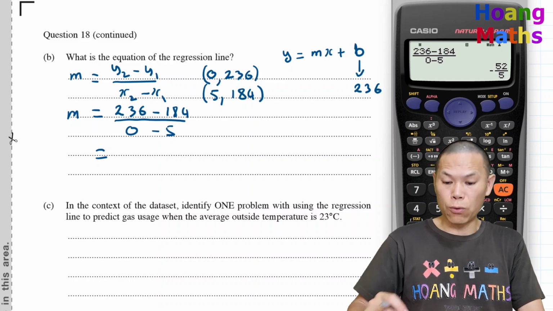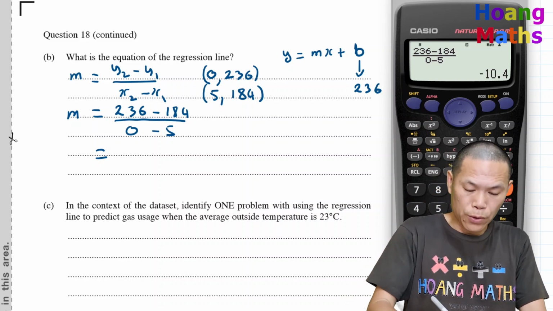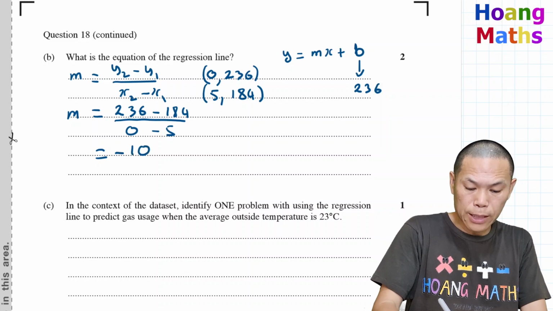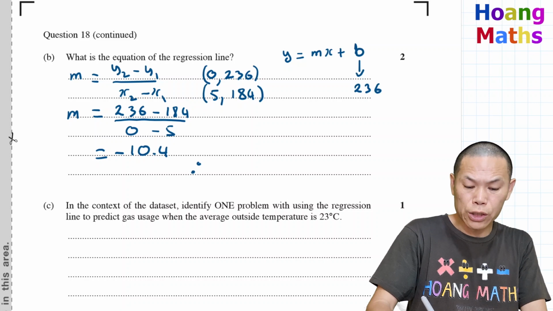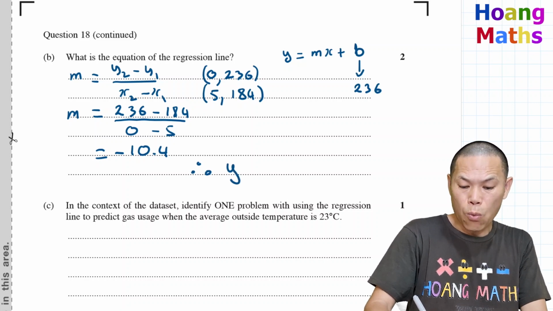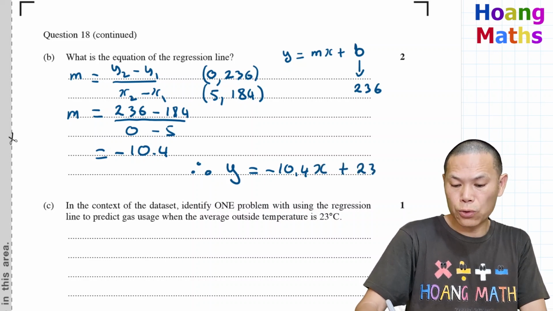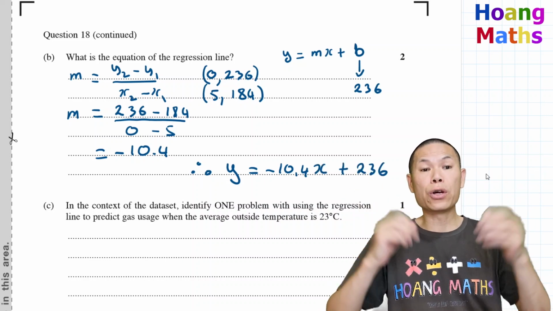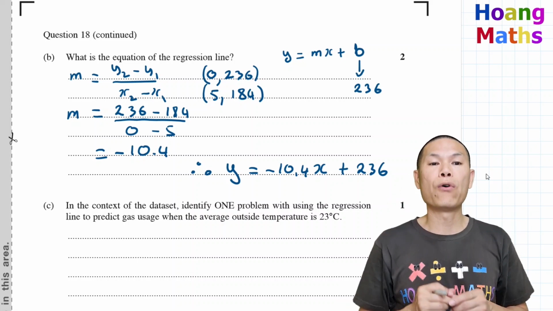So there you go. If I press the S-D button, negative 10.4. So negative 10.4, that is the gradient. So therefore, the equation of the regression line is y is negative 10.4x, and we add 236. So there you go. Or you can write 236 minus 10.4x.